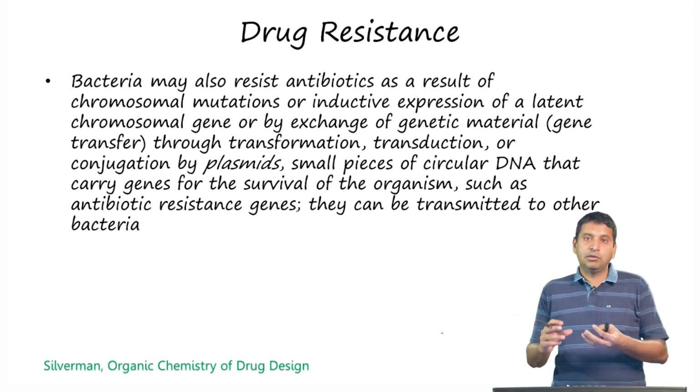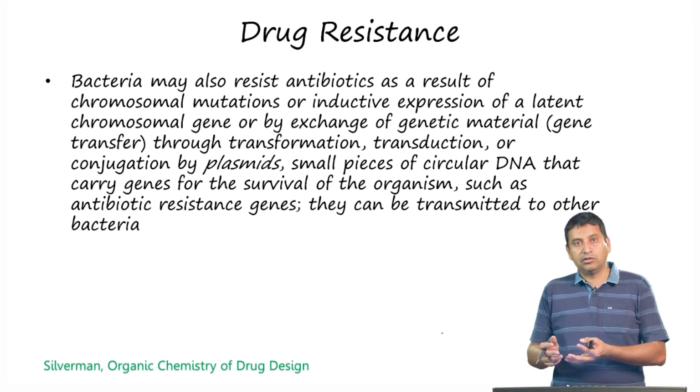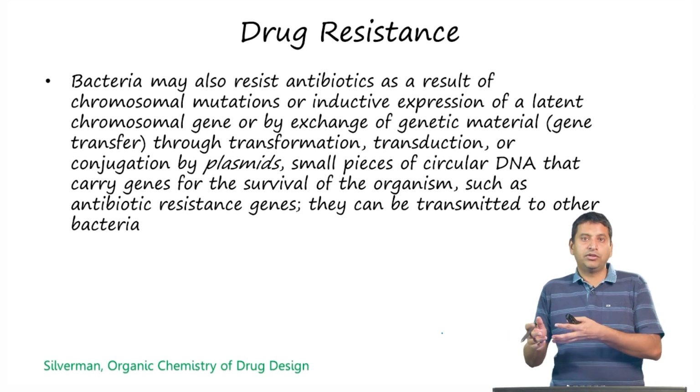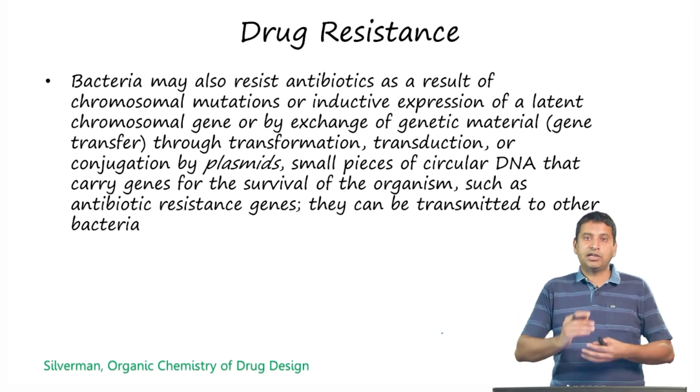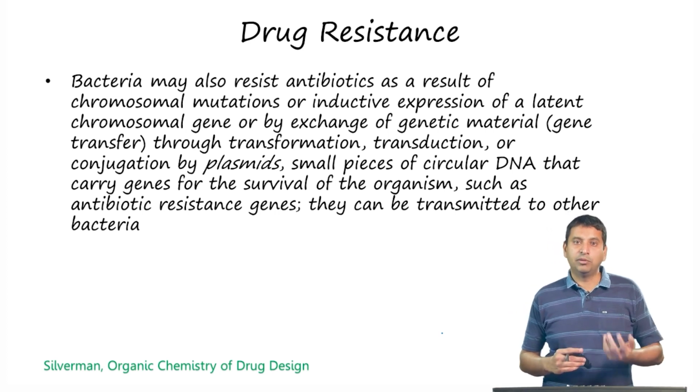These plasmids are nothing but small pieces of circular DNA that can carry genes for survival of the organism. And if there is a group of organisms which are already resistant to the antibiotic, those genes can be transferred to another organism and that helps the other organism to become resistant to the antibiotic.